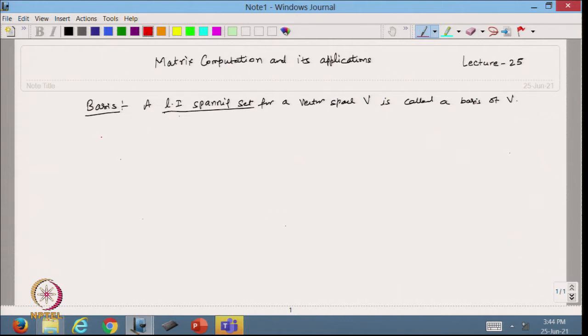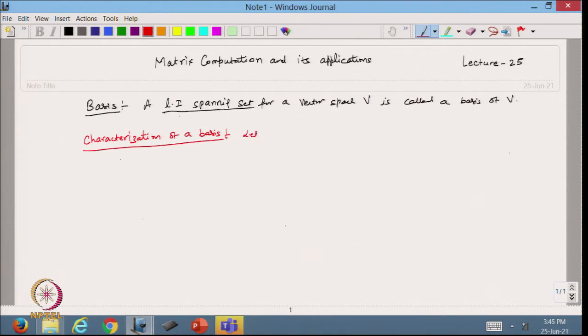So, now based on this I want to write the characterization of a basis. So, what are the characteristics of a basis?